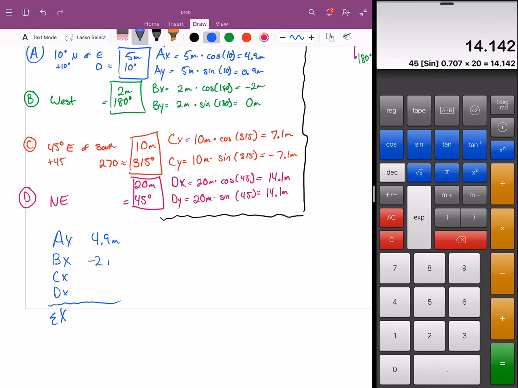B was negative 2 meters. CX 7.1 meters. DX 14.1 meters. Add them all together. Sum of x 24.1 meters.